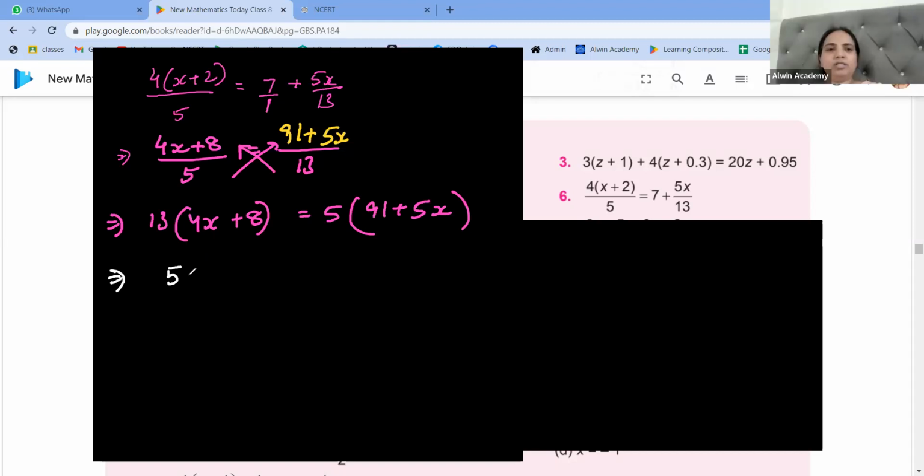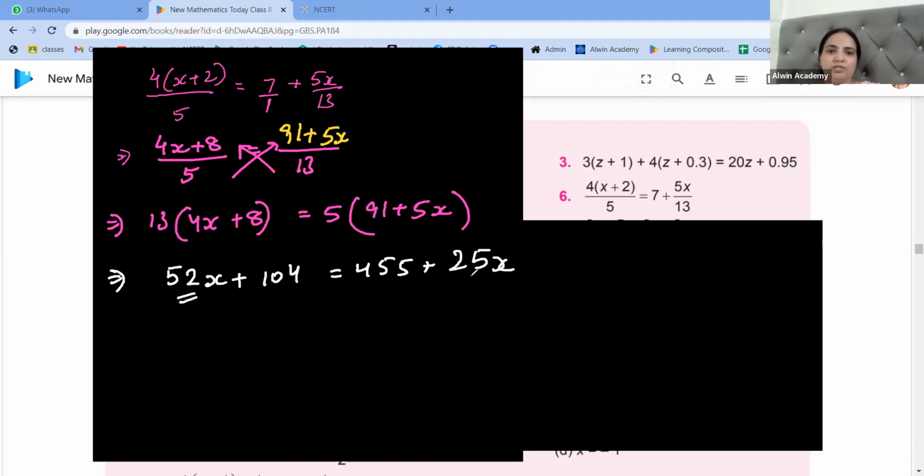13 times 4 is 52. 52x plus 13 times 8 is 104. Plus 91 times 5 would be 455 plus 25x.